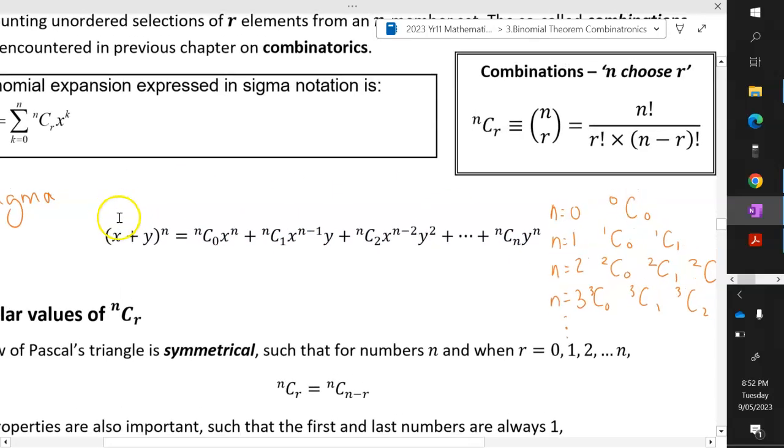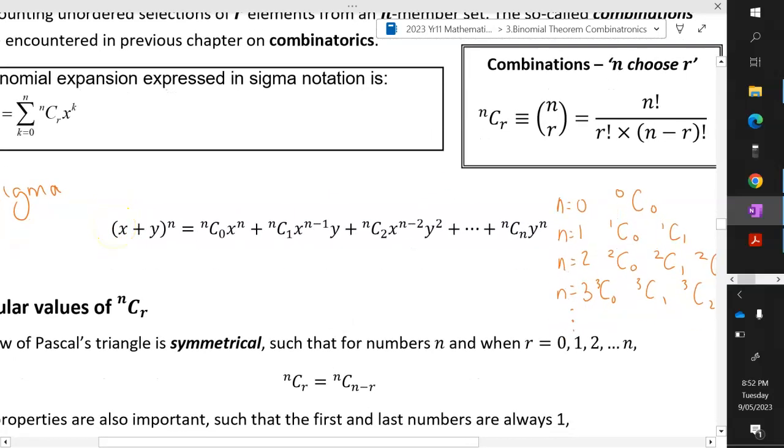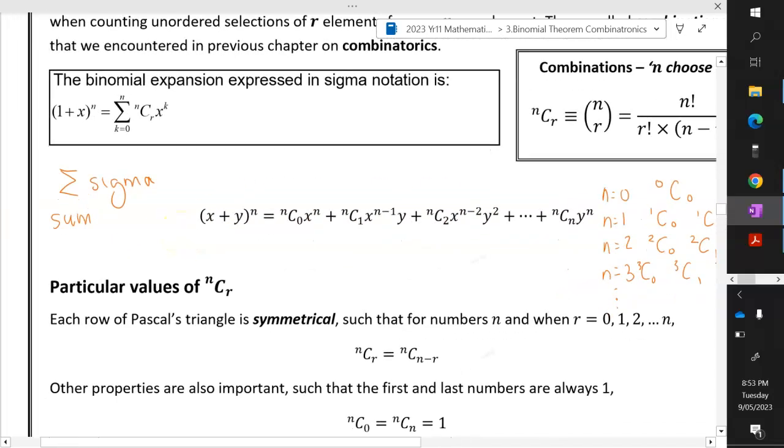And we always start with our x at its highest value on the left. So x to the n is up here, and therefore y to the n is at the other end. The x is decreasing, so our next term there would be n minus 1, and our y's are going to be increasing. So here it's y to the 0, y squared, etc. So that's a generic expansion of x plus y to the power of n.